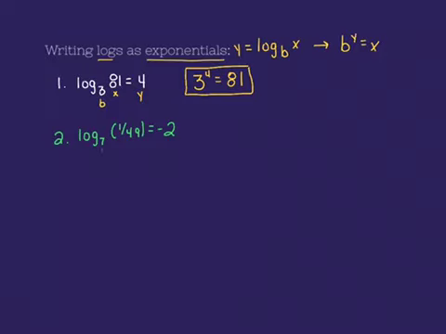Again, this is b, this is x, this is y. So we'd rewrite that as 7 to the -2nd is equal to 1/49. And again, we can see that makes sense. 7 to the -2nd power would mean it's a fraction. We'd flip it over, and 7 squared is 49.